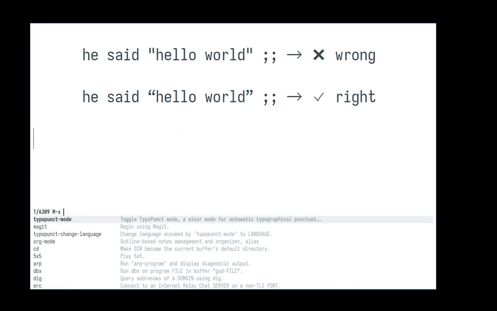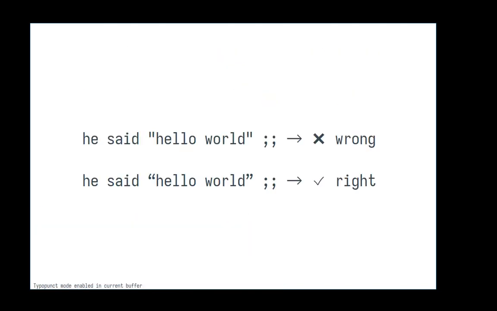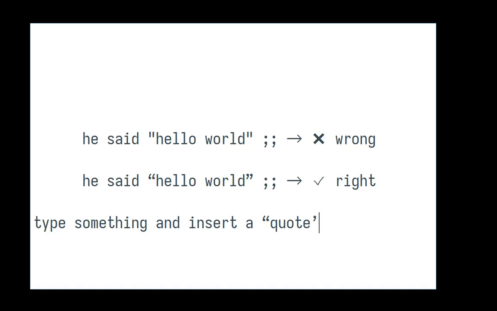So I think I have it already. Yeah, I have it already enabled. So you need to enable typopunkt mode, and then you can just type something and insert a quote. This is with normal double quotes, and you can also insert single quotes like that.